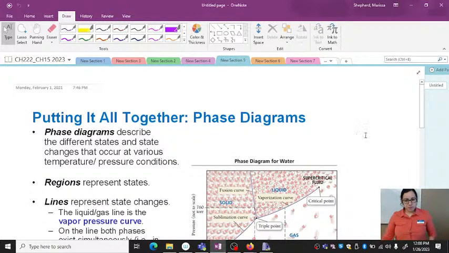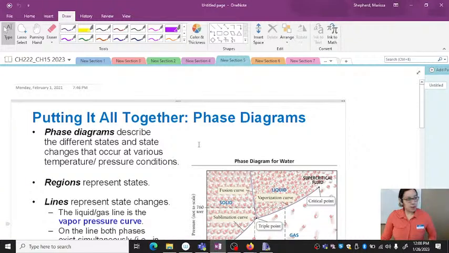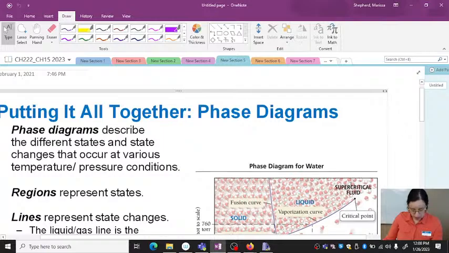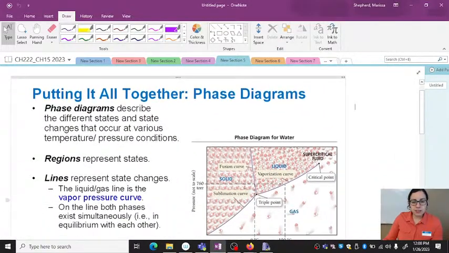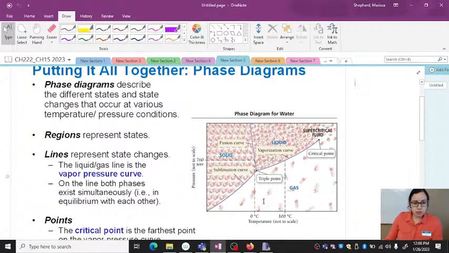And so now we can look at these phase diagrams as well. Every substance has its own phase diagram. So we're looking at water here. Our phase diagrams describe the different states that a substance can be in under various temperatures and pressures.